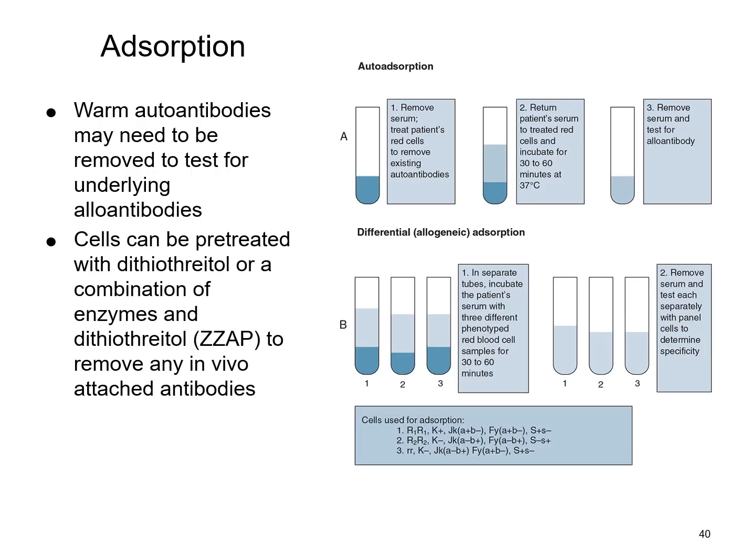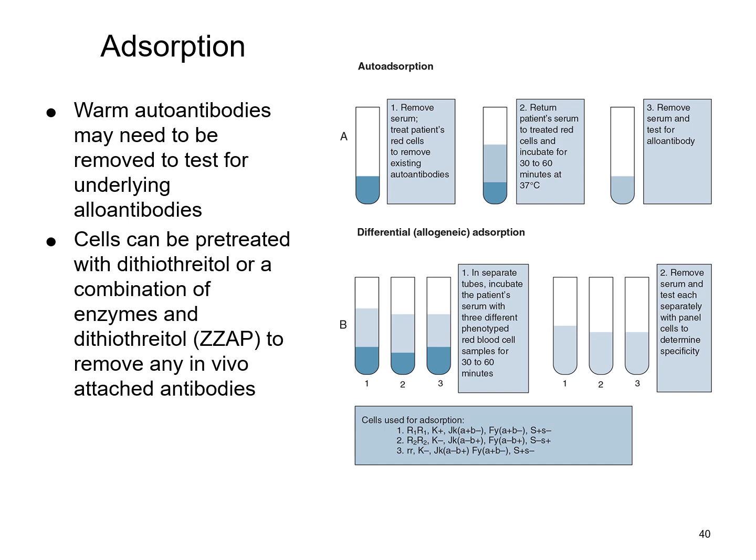All right, our absorption techniques. Again, this is with your warm autoantibodies, where you may need to remove those in order to look for any sort of alloantibodies. So the cells can be pre-treated with various reagents to remove any of those in vivo attached antibodies. Then it goes through various steps where you'll take the patient's serum, and you'll treat the red blood cells to try to remove any of those autoantibodies.